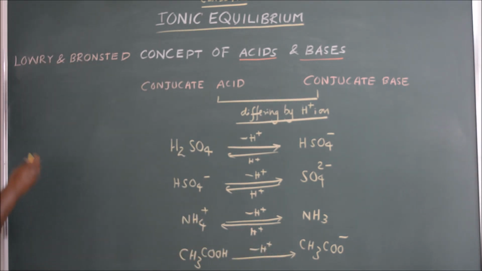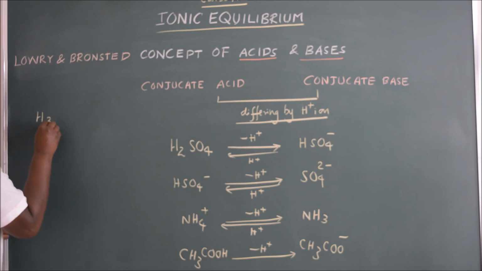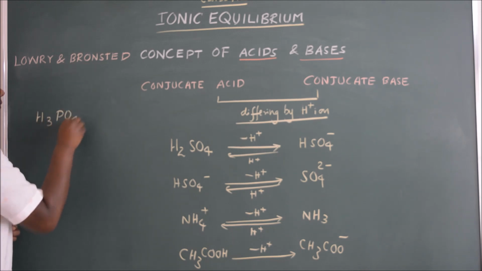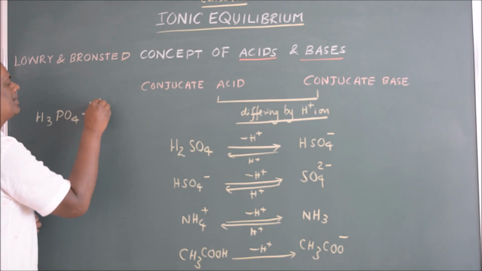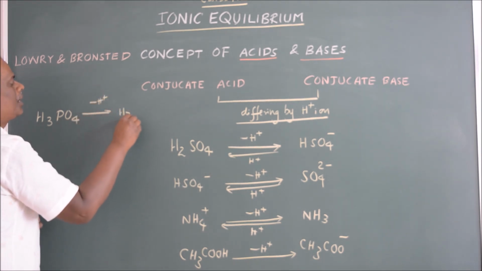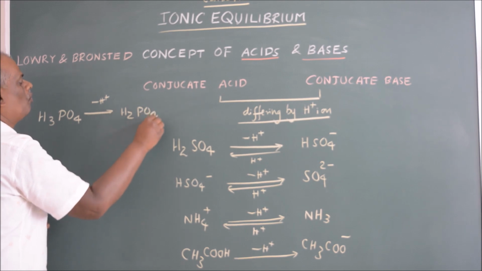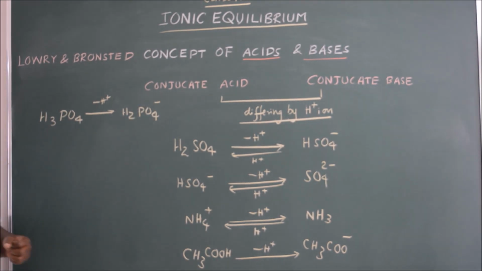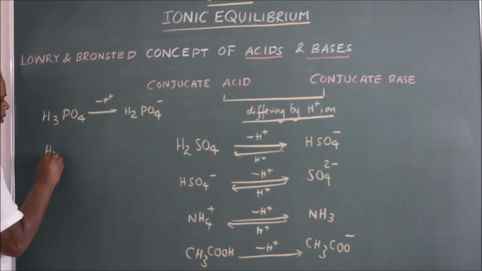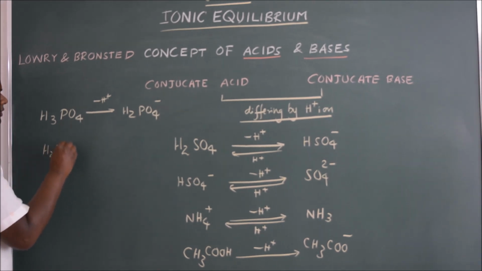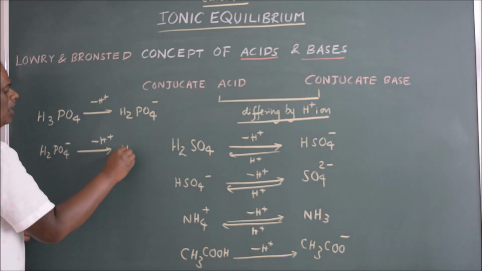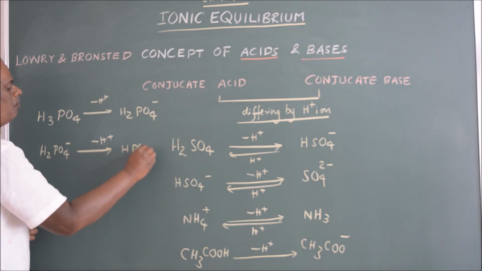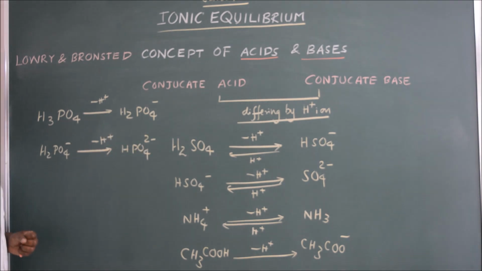Another example I am providing, H3PO4. After the loss of a hydrogen plus, it can form H2PO4 minus. The H2PO4 minus, on the loss of a hydrogen, can form HPO4 2 minus.